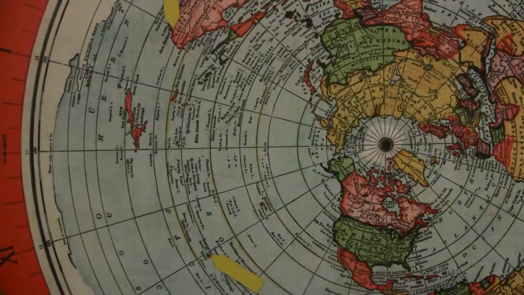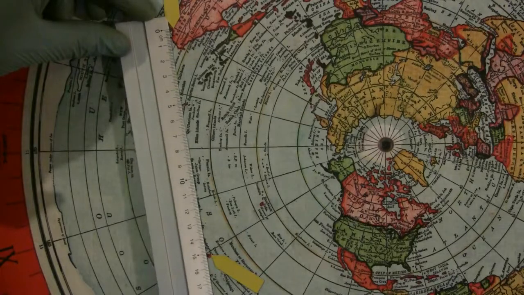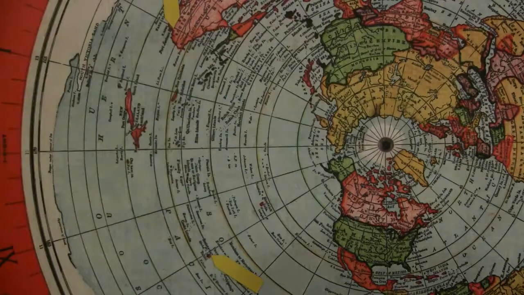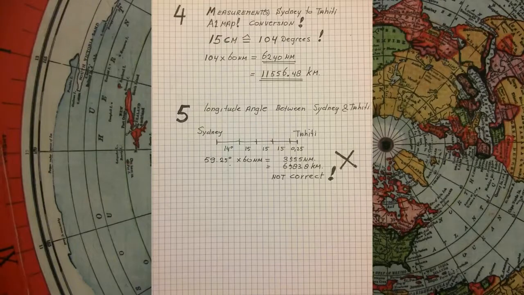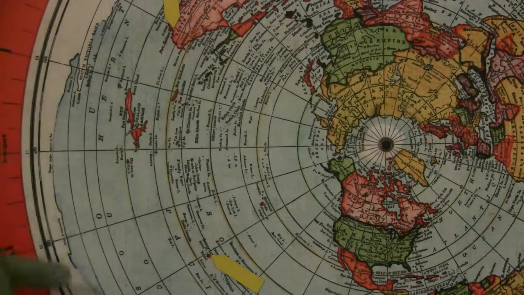The fourth measurement I did from Sydney to Tahiti, and then use the legend to convert it into nautical miles. And the last one, the fifth one, I measured just the degrees and then add 60 miles to the degree.